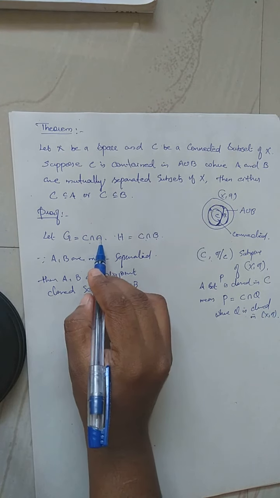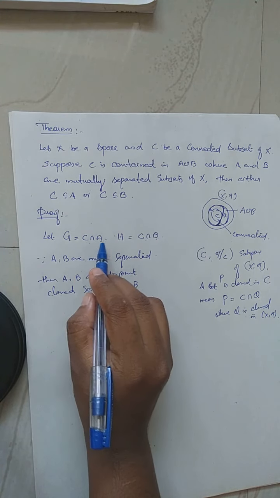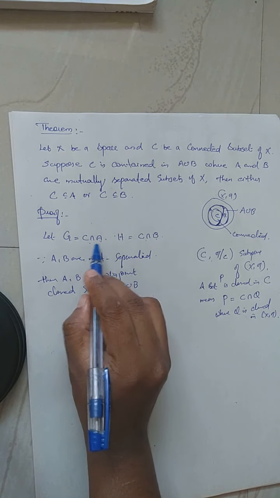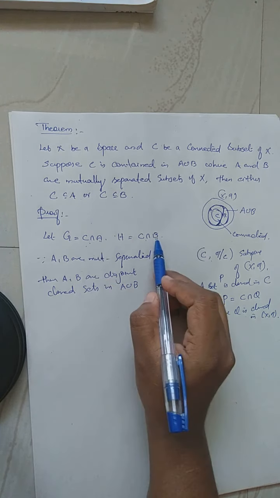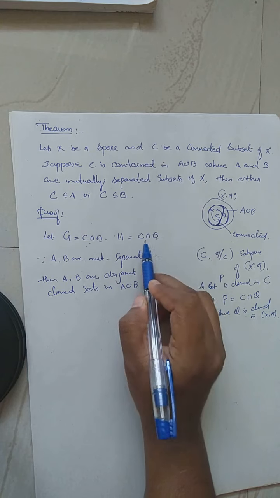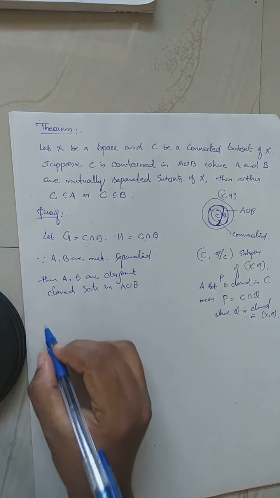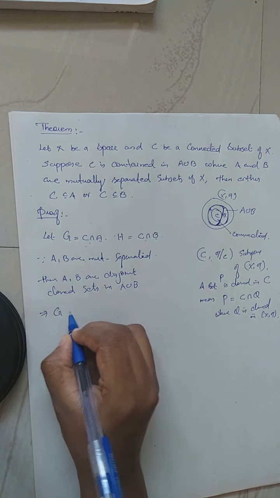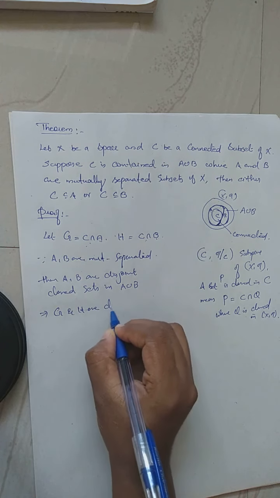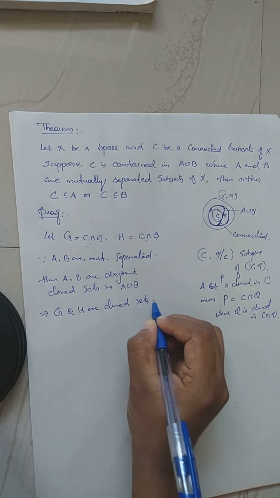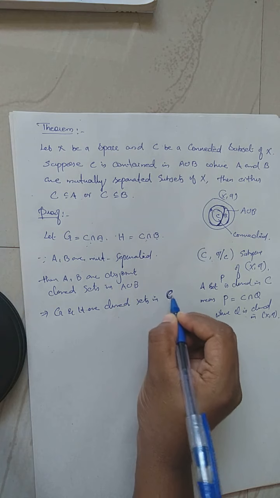A is closed, so C intersection A will be a closed set in C. Since B is closed, C intersection B is a closed set in C. Which implies G and H are closed sets in the connected set C.